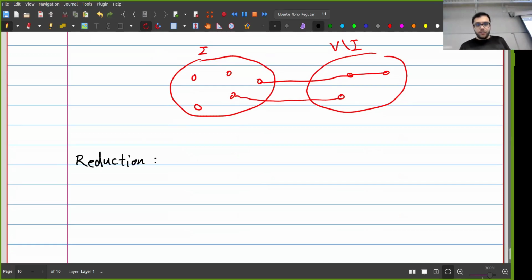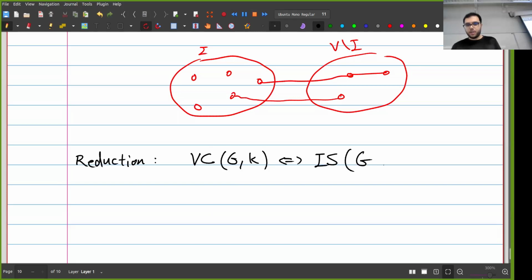I say that if I want to solve vertex cover on a graph G with parameter k, I would just say that this instance is equivalent to independent set on the same graph, and the parameter just becomes n minus k, where n is the number of vertices. So again, super easy reduction.